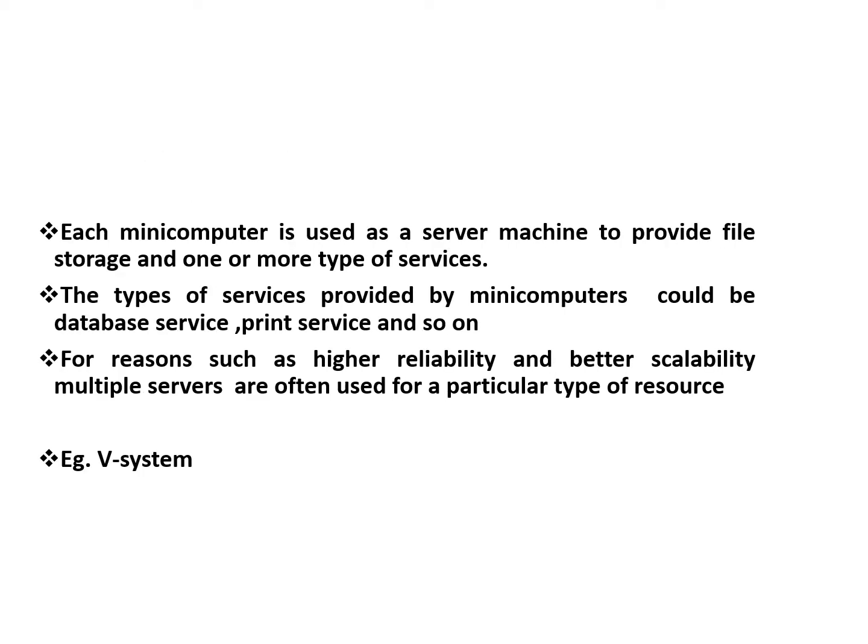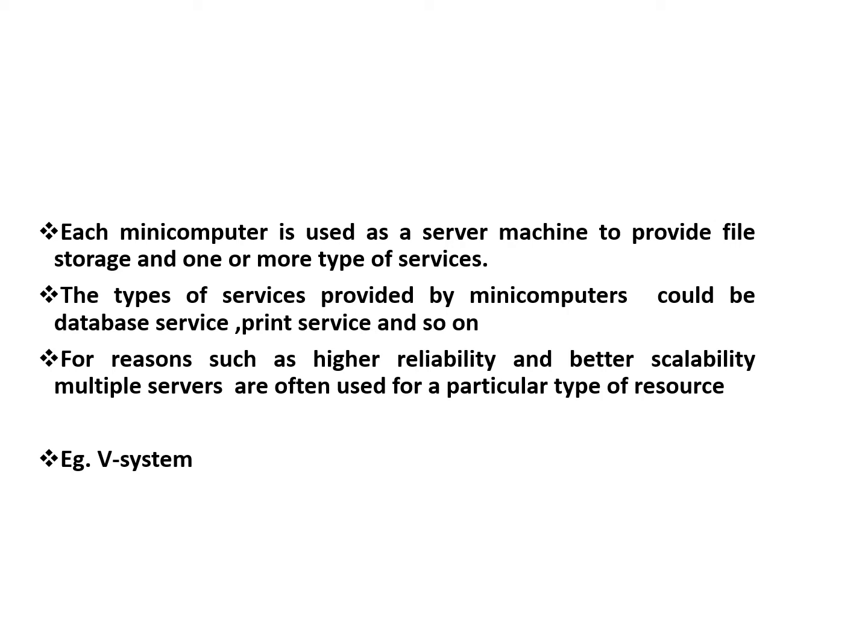So in a workstation server model, there are two types of machines: mini computers and diskless workstations. The mini computer is used as a server machine, and the server machines can provide various types of services like file storage service, database service, print service, and so on. Now, for reasons such as higher reliability and better scalability, multiple server machines can be involved for a particular type of resource.